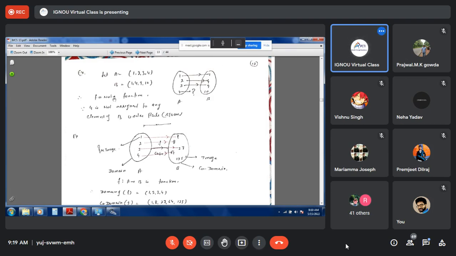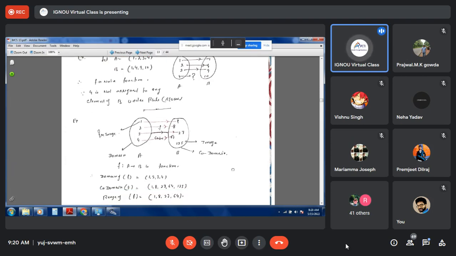We will write f is not a function because 4 is not assigned to any element of B. Or simply we can say 4 has no image in B under the rule. Which is the rule? Square. Also the work of this numerical is 2 marks. The other is only 1 line, 1 word.